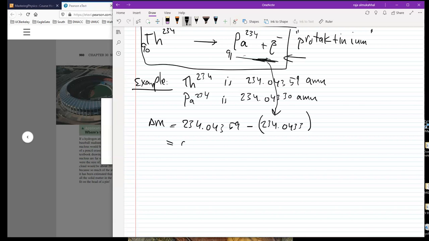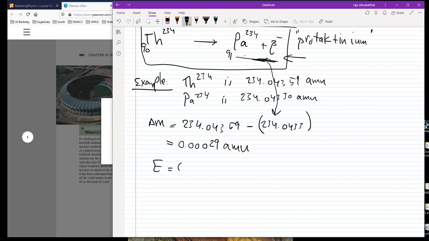When I calculate that, I get 0.00029 AMU.